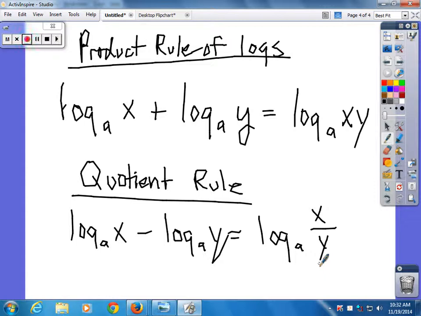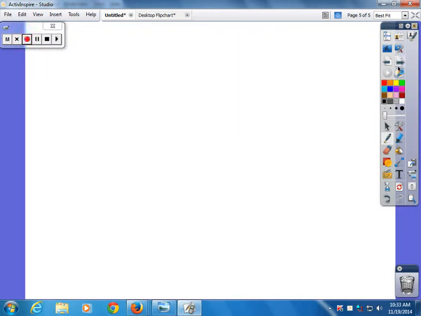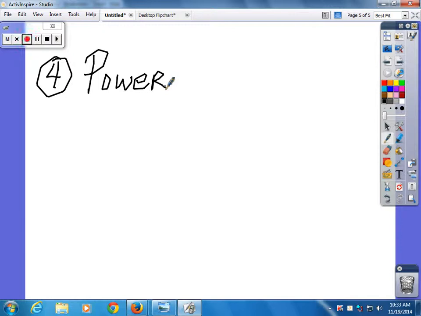And then what do you think the third, Robert? That's number 2, 3. What do you think number 4 is called? Power rule. Boy, y'all are just exceptional. And what do you think the power rule says? Well, I'm not going to ask you to do the power rule because the power rule for logarithms is a little bit different, but it's based on the exponent that's up there high, and you do something with it.